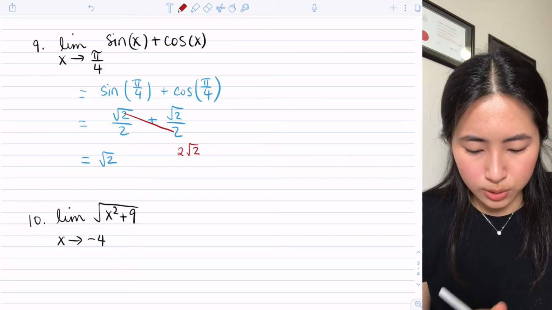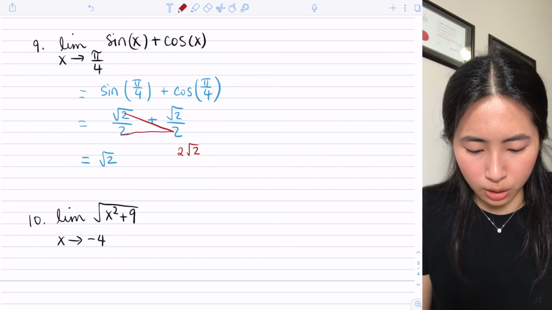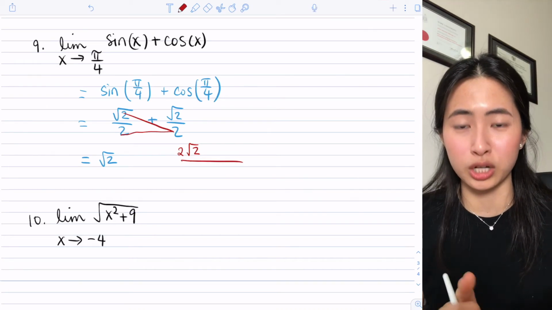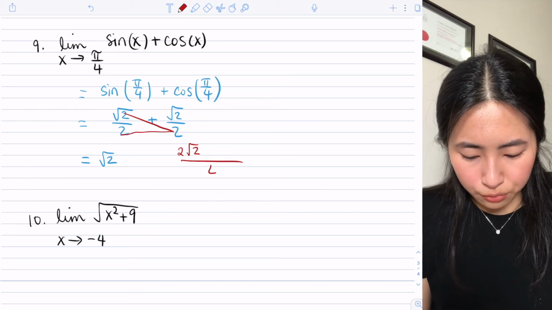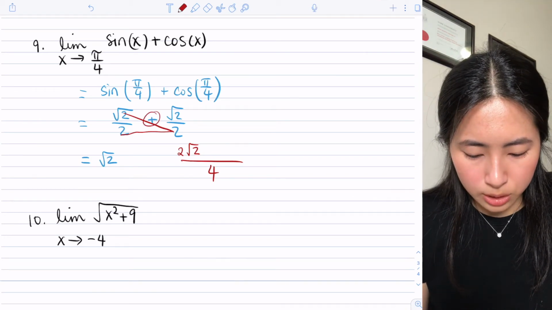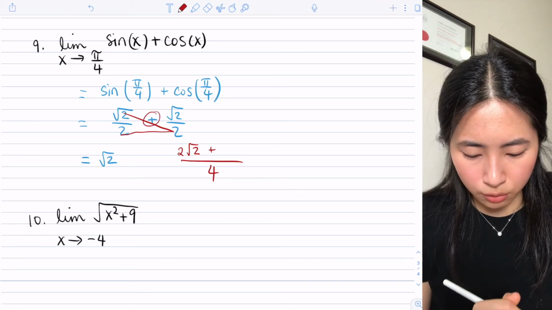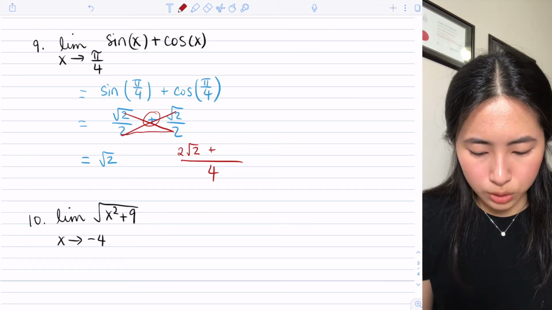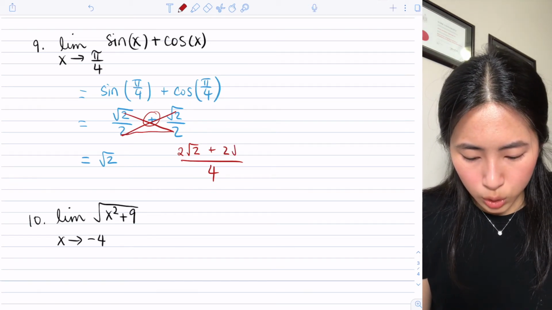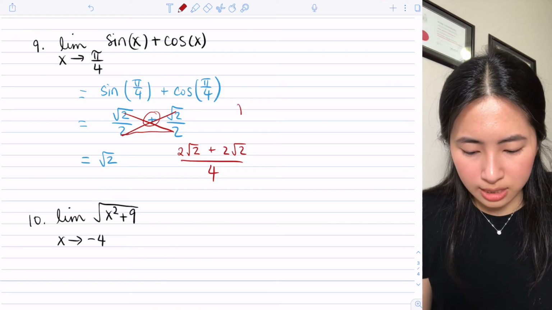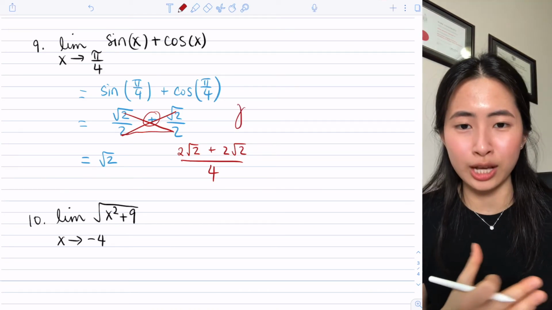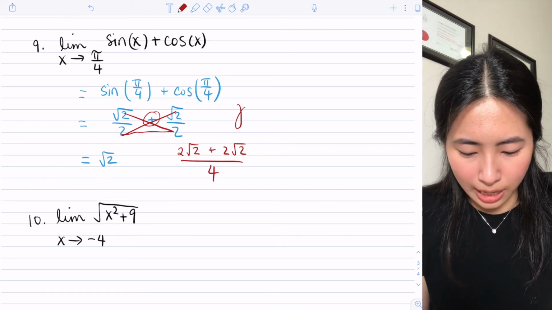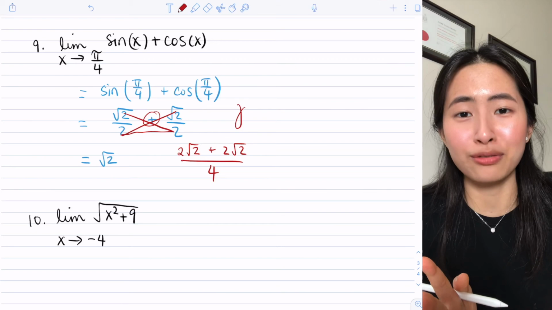And then your denominator is 2 times 2, which gives you 4. Because there is a plus sign, you have a plus sign over here. And then you cross multiply 2 times square root of 2, which is another 2 square root of 2. Can you see why I call this the butterfly method? It's because it looks like a stick butterfly.